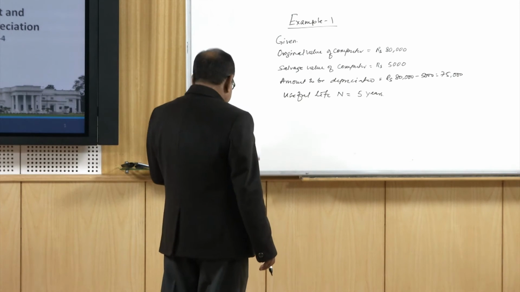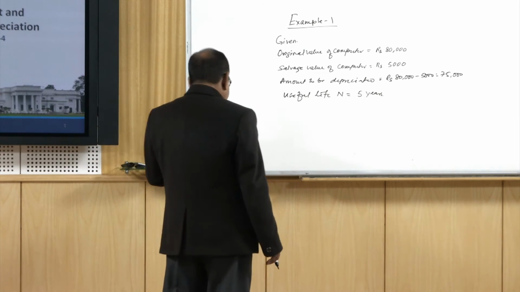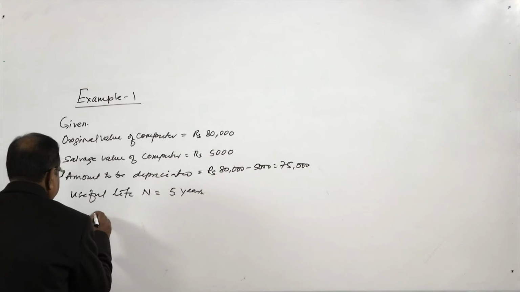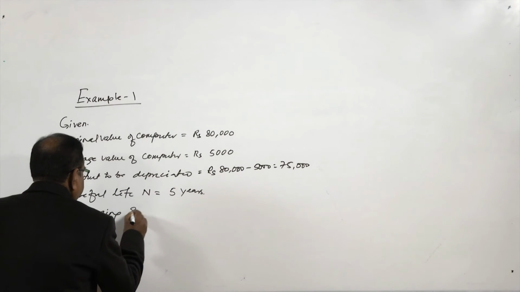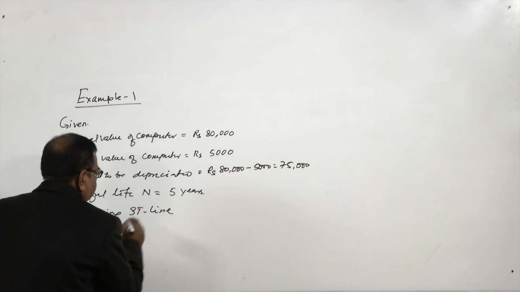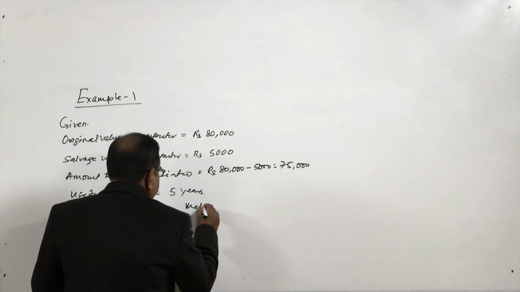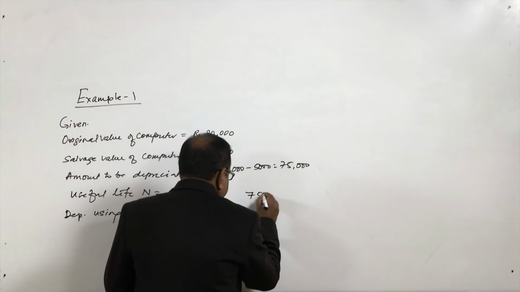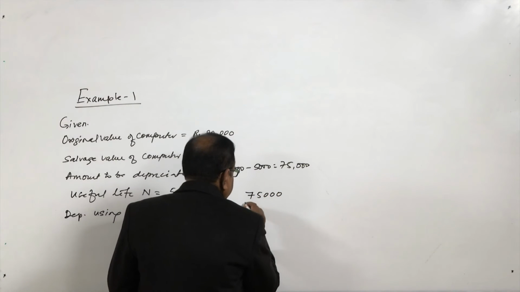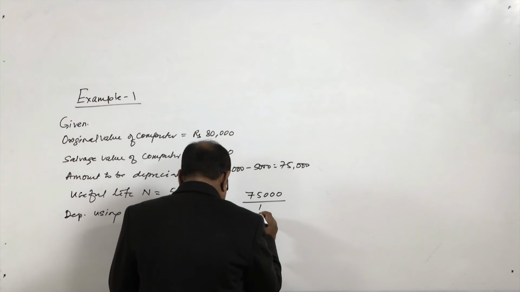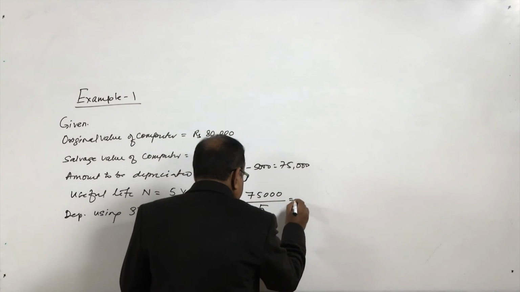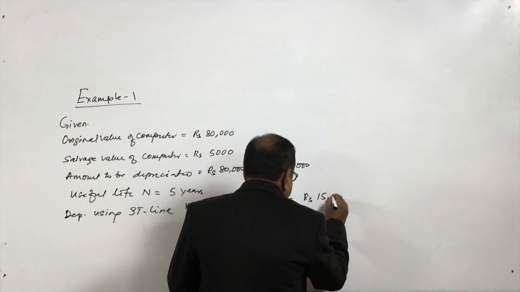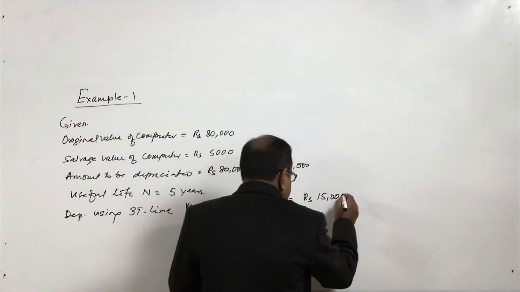Now, the first step is to find out depreciation using straight line method. So, depreciation using straight line method is equal to rupees 75,000 divided by 5, which comes out to be rupees 15,000 per year.